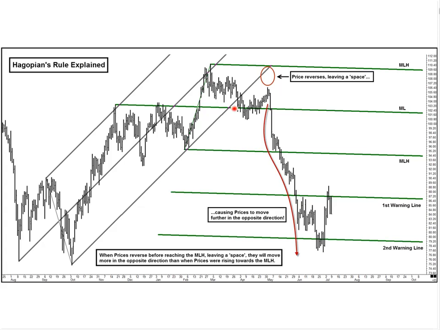So when you draw with paper, you want to draw as few lines as possible, and as you draw in the bars, you want to anticipate where potential support or resistance may be. So the name warning line comes in because you're just tootling along, drawing in your bars each day, but you want to pay special attention as you get toward an area where price should do some interesting things.